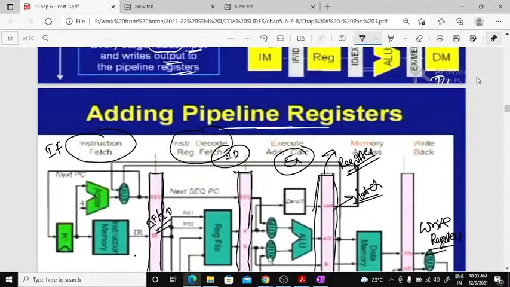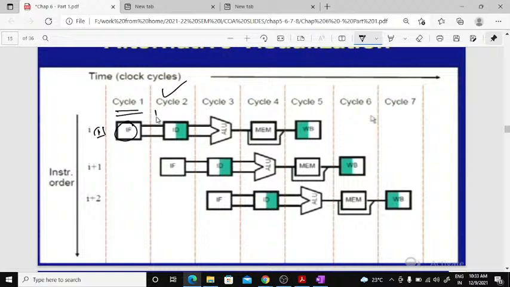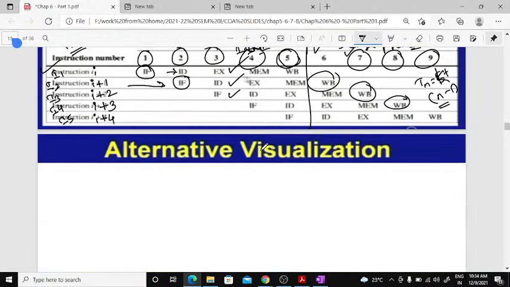The second stage is instruction decode and register fetch. So you can see this operation, represented like this. The instruction execution is represented in this way.